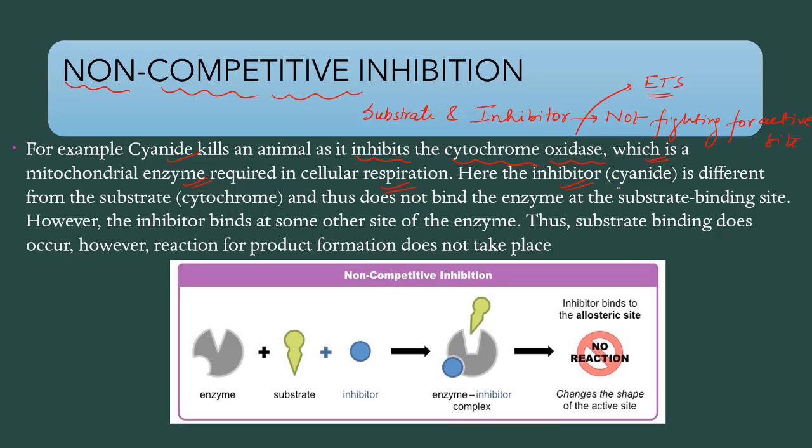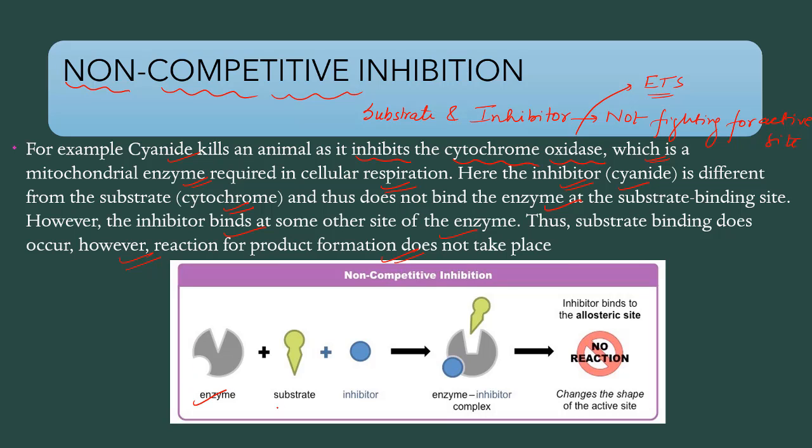Here the inhibitor cyanide is different from the substrate cytochrome. The substrate is cytochrome, the enzyme is cytochrome oxidase, and cyanide does not bind to the enzyme at the substrate binding site. However, the inhibitor binds at some other site of the enzyme. The substrate binding does not occur, and the reaction for product formation does not take place.